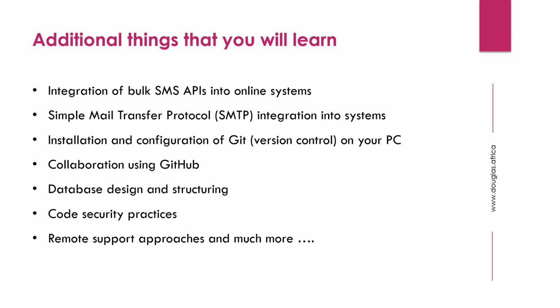Other things that you learn will be integration of bulk SMSs, APIs into online systems, like the one we'll be using to send notifications after the user has registered. SMTP is one of the mail transfer protocols, which is used worldwide for various projects. As we go by, we'll look into how to integrate that into our online systems.